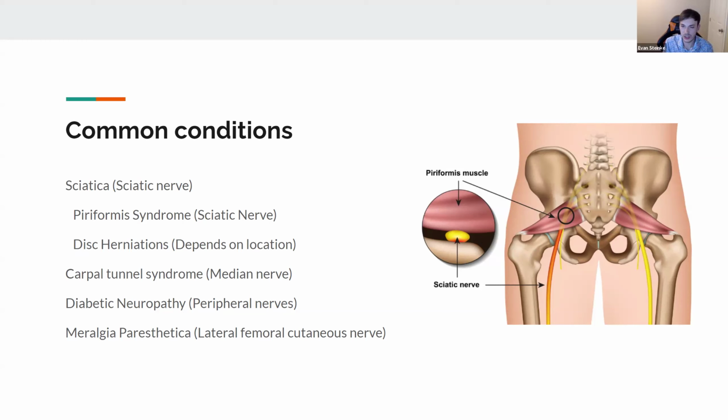So you can imagine that the tighter this muscle is, the more pressure you're getting on that sciatic nerve. So it's more the underlying cause, the true diagnosis of what's causing the pain. Other things like disc herniations, depending on the location, can affect various parts of your sciatic nerve as well.